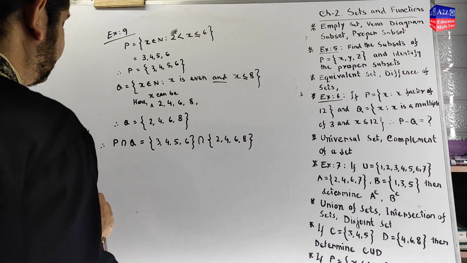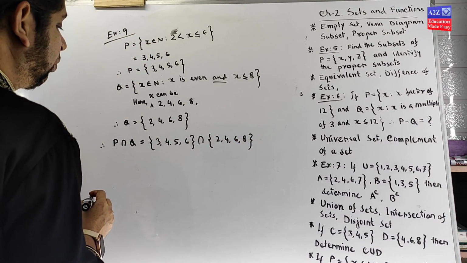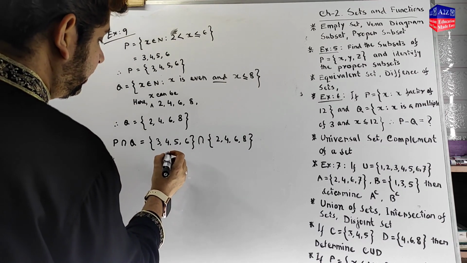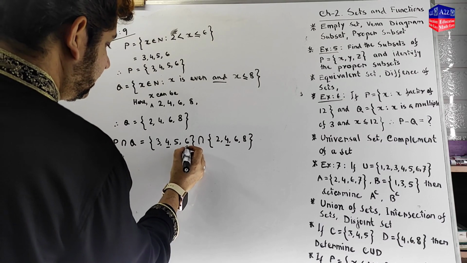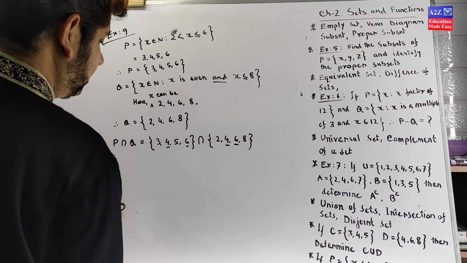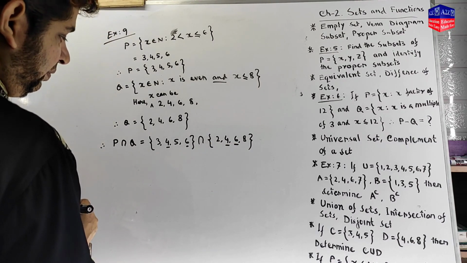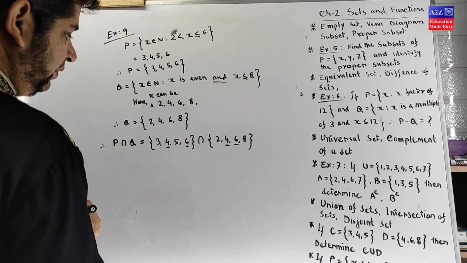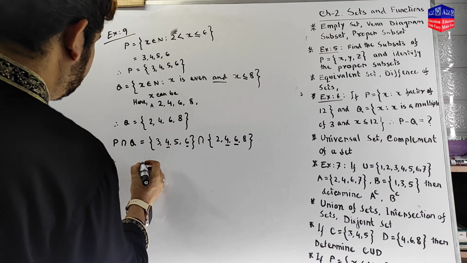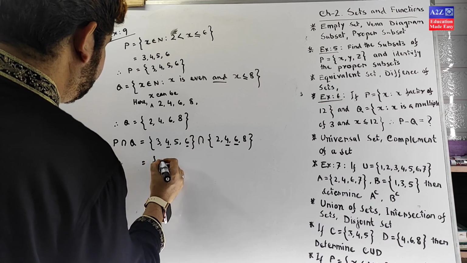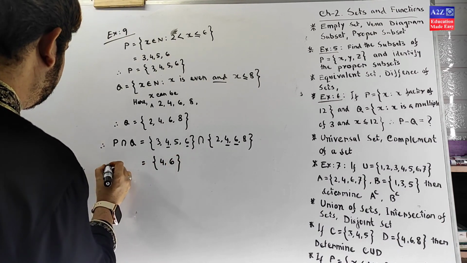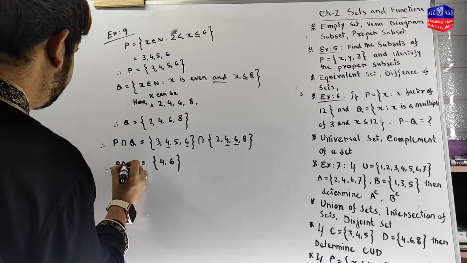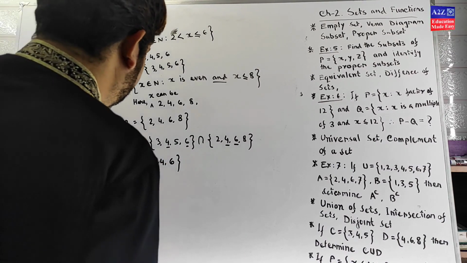Since it is intersection, I have to take only the common elements. What are the common? 4 is common to both sets, 6 is also common to both sets. Is there anything else? 3, 5, no. Therefore the common elements will be 4 and 6. P intersection Q would be 4 and 6.